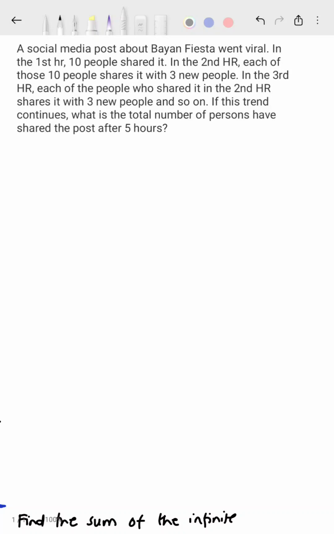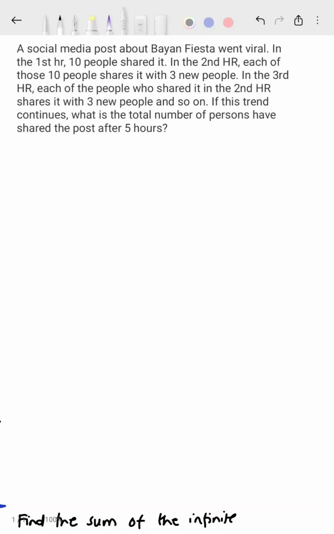In the second hour, each of those 10 people shares it with 3 new people. In the third hour, each of the people who have shared it in the second hour shares it with the 3 new people, and so on. If this trend continues, what is the total number of persons who have shared the post after 5 hours?